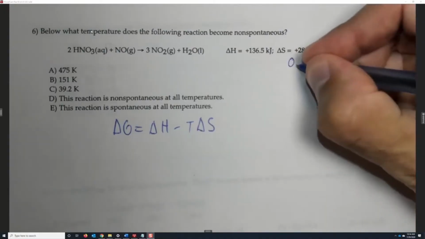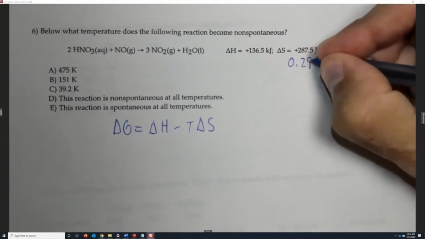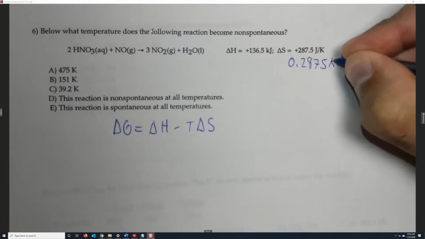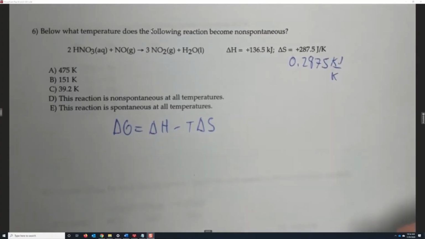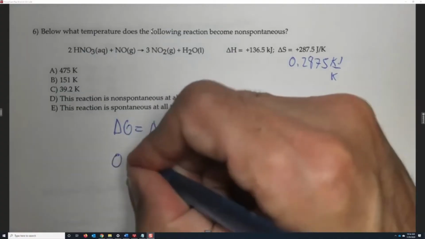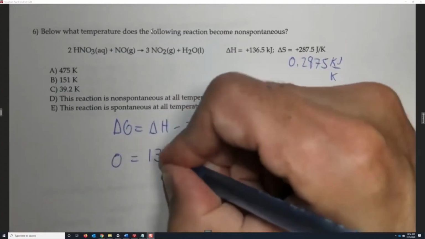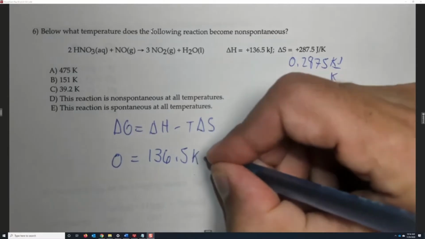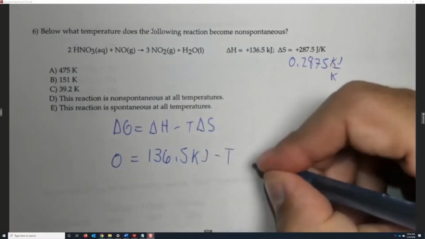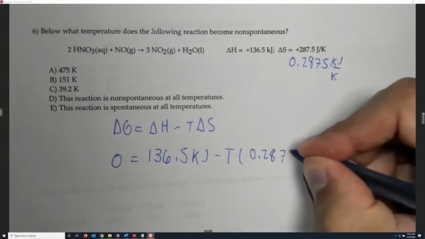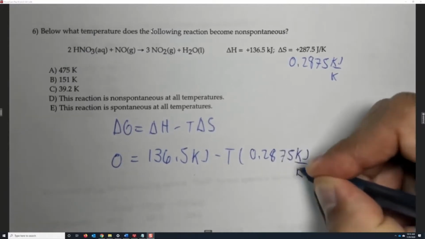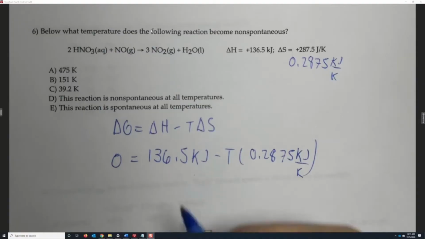So we need to divide by 1,000 and put it as 0.2875 kilojoules per K. So we have kilojoules and kilojoules, just like we did in the homework. So 0 equals 136.5 kilojoules minus T times 0.2875 kilojoules per K.